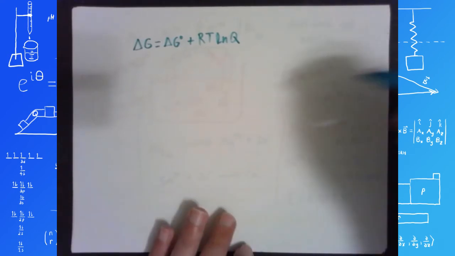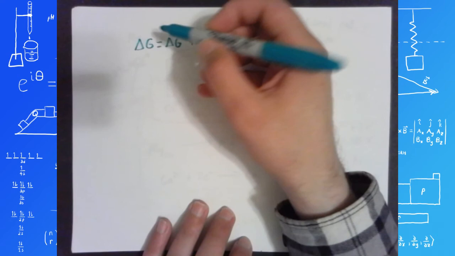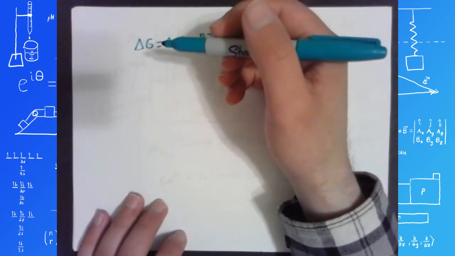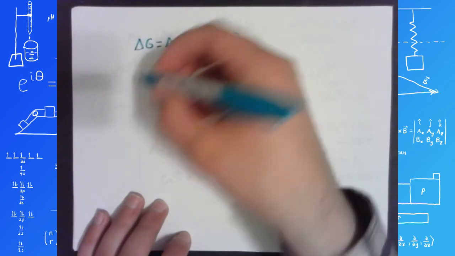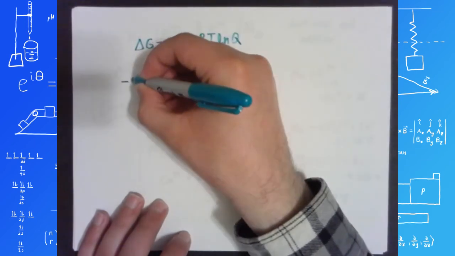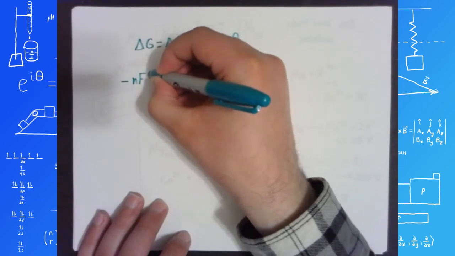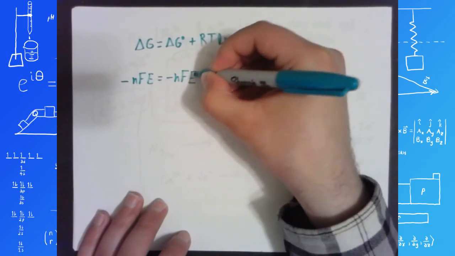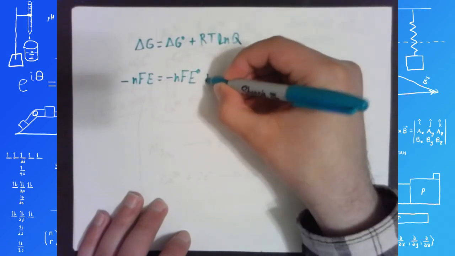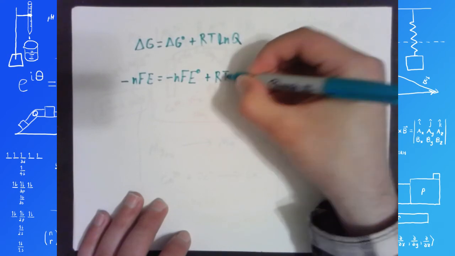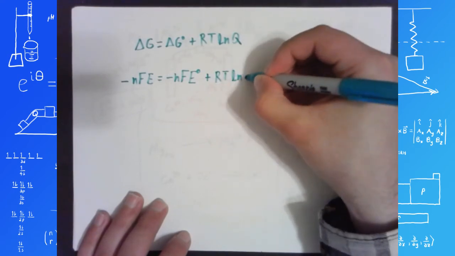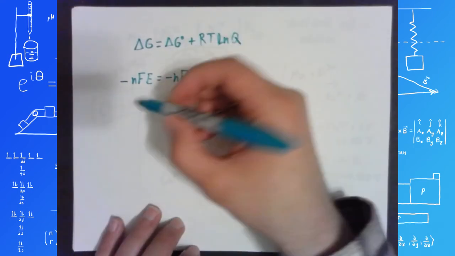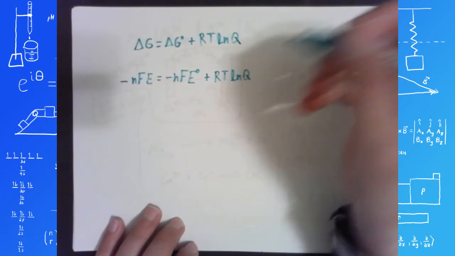Product over reactant concentration ratios. So the Nernst equation gives us that delta G is negative NFE, so negative NFE non-standard equals negative NFE standard plus RT ln of Q. If I want to find an equation for E non-standard, then just divide everything by negative NF.